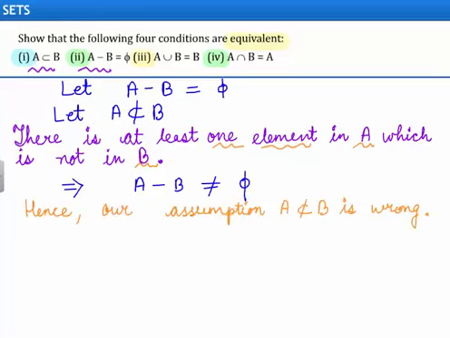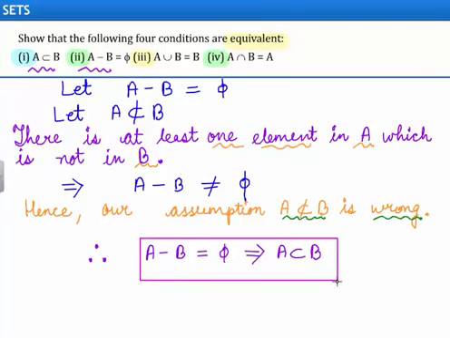Hence, our assumption that A is not a subset of B is wrong. Therefore, A minus B is equal to the empty set implies that A is a subset of B. And let us name this as 2.